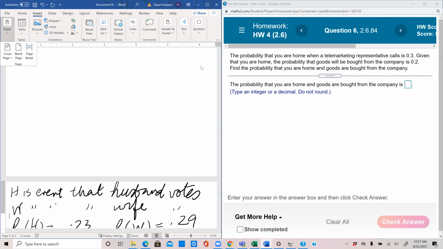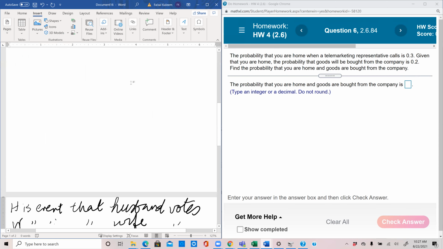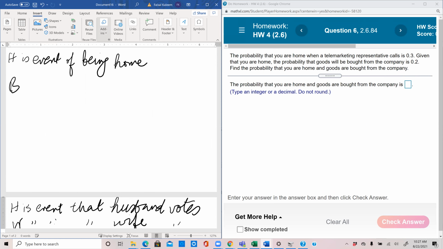So there are two things going on, being home and buying goods from the company. So let H be the event of being home, and let's say B is the event of buying goods.